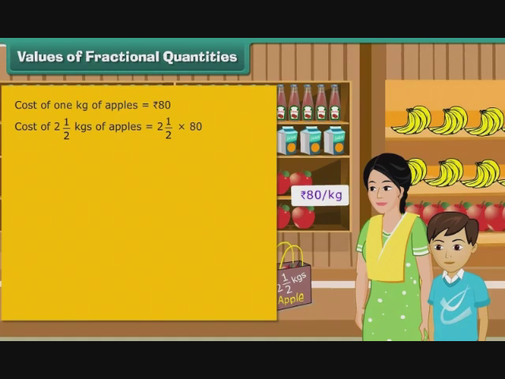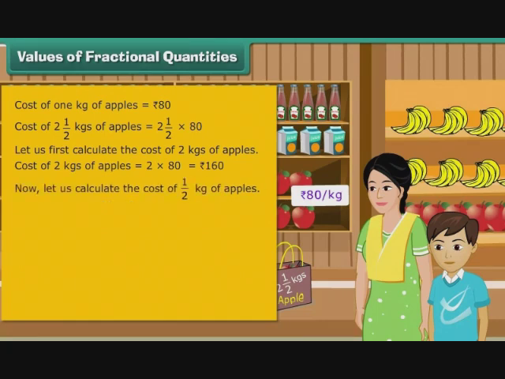2.5 multiplied by 80. Let us first calculate the cost of 2 kgs of apples. Cost of 2 kgs of apples is equal to 2 multiplied by 80, which is equal to rupees 160. Now, let us calculate the cost of half kg of apples.